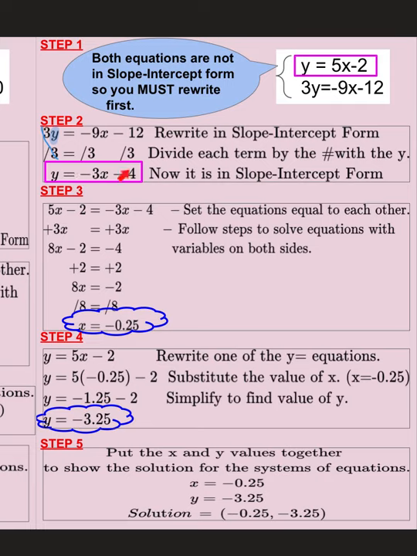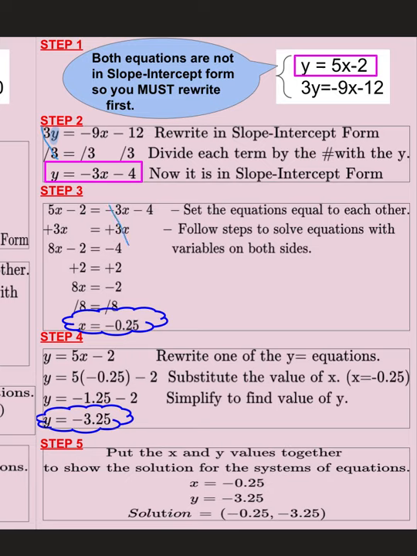So now I have this equation in slope-intercept form. This equation was already in slope-intercept form. I'm going to take those two equations and set them equal to each other. 5x minus 2 equals negative 3x minus 4. Using my steps to solve equations with variables on both sides, I'm going to move the negative 3x by adding 3x, canceling those out.